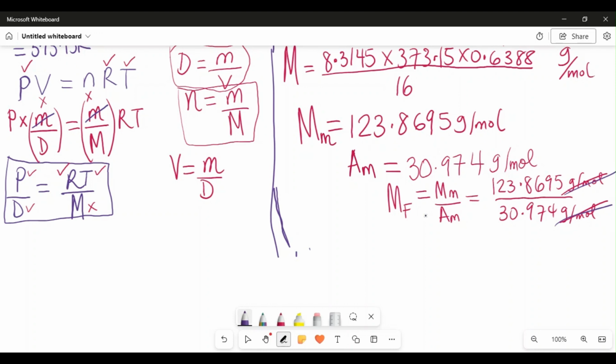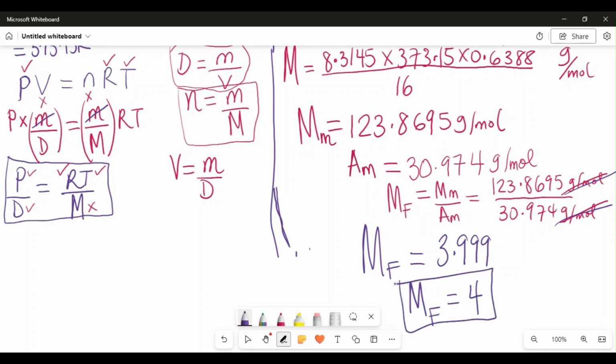So you put this information in the calculator: 123.8695 divided by 30.974, and we're going to get 3.999. But because we have to approximate, because we need a whole number, we take the molecular formula number to be 4.